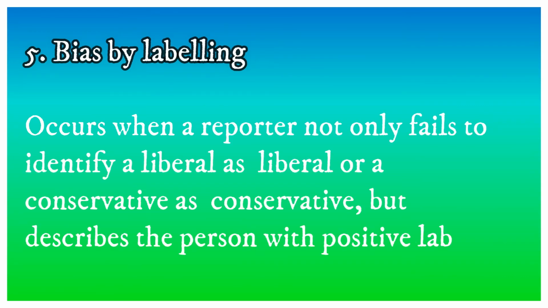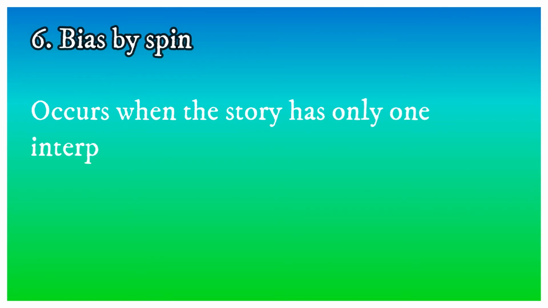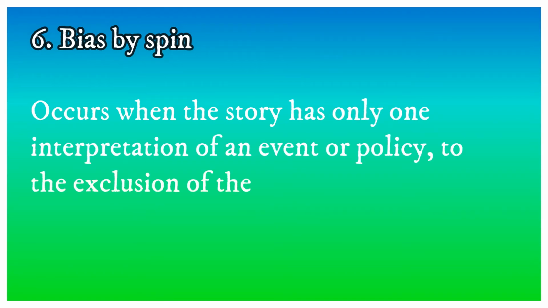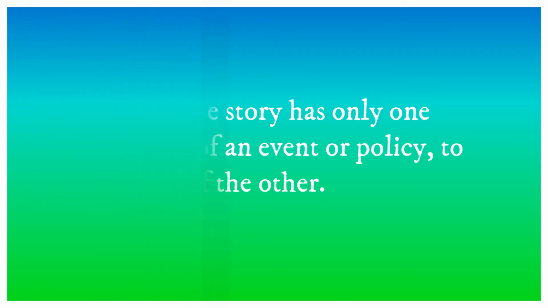This occurs when a reporter not only fails to identify a liberal as liberal or a conservative as conservative, but describes the person with positive labels. Sixth, bias by spin occurs when the story has only one interpretation of an event or policy, to the exclusion of the other.